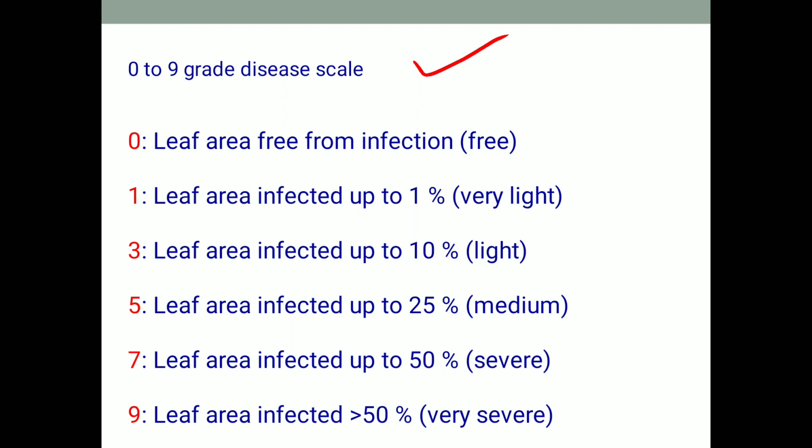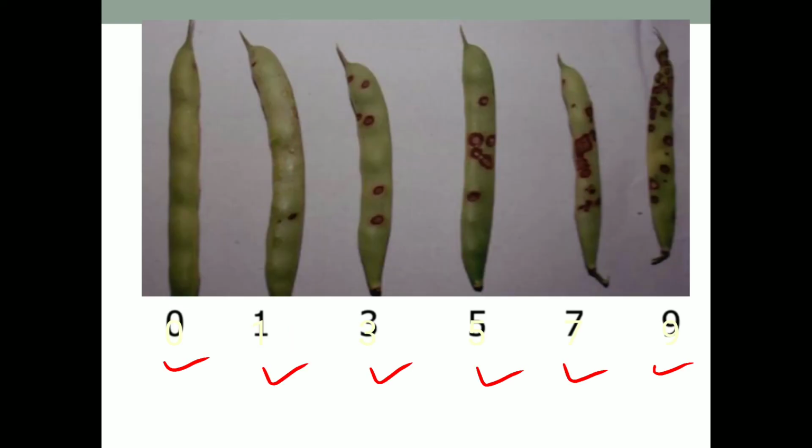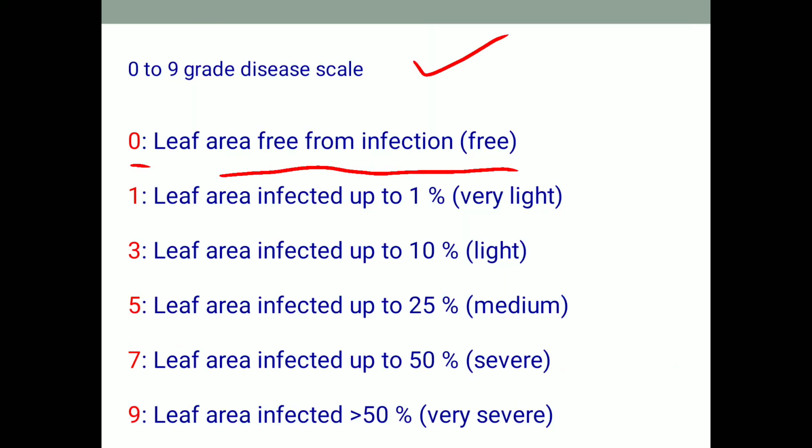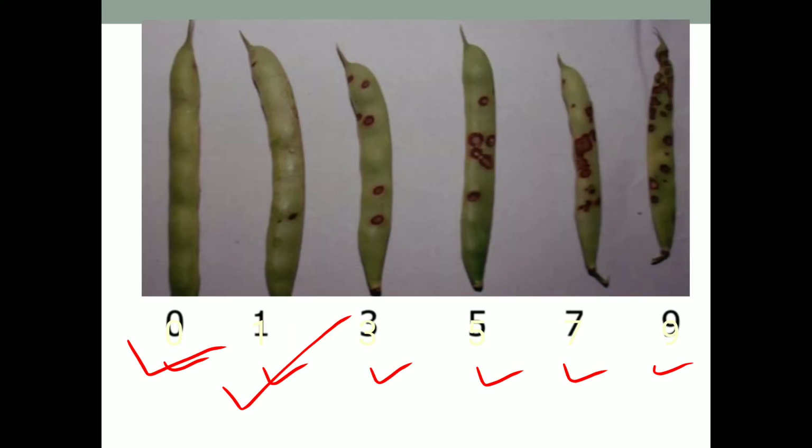Grade 0 means leaf area is free from infection. Here it indicates leaf area is free from infection, that is 0. The next grade, 1, means leaf area infected up to only 1%.